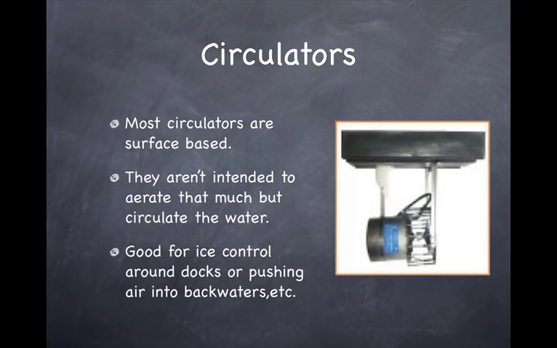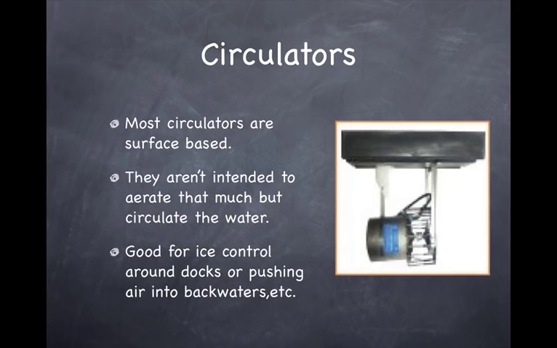I apologize for the blurry photograph here, but the circulators, as you see pictured, that black thing at the top is actually a float, and then there's a bracket that comes down, and in the simplest terms, it's a motor with a propeller on it within that cage section, and that is basically sitting under the water and helping circulate stagnant water.